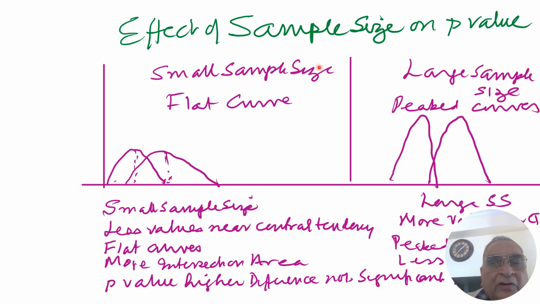So here you see a small sample size, a flat curve, a large intersection probability, and a difference which is statistically not significant, a high p-value. And here you see peaked curves, intersection probability is low, and therefore sample size will make you say that the two values are statistically significant if you have a large sample size. And therefore it becomes important how to calculate sample size, and we'll teach you how to calculate sample size next.